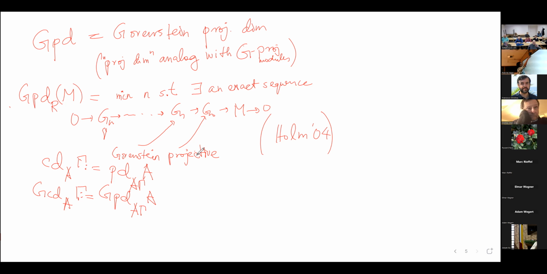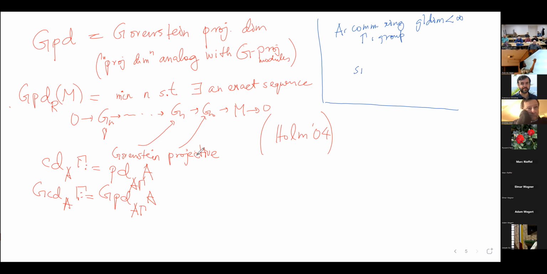That connection is given in the following way. Let A be a commutative ring of finite global dimension, and Γ any discrete group.